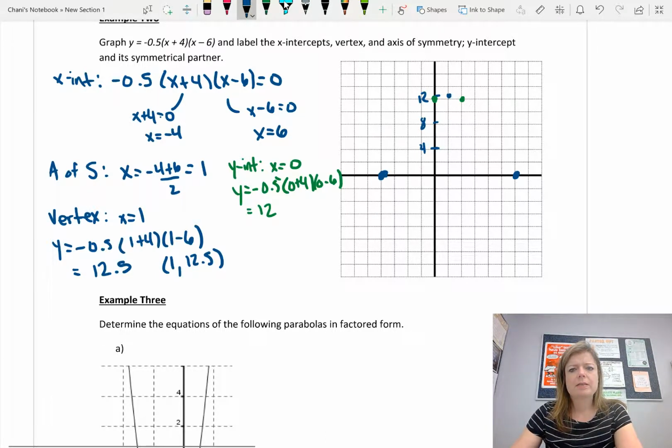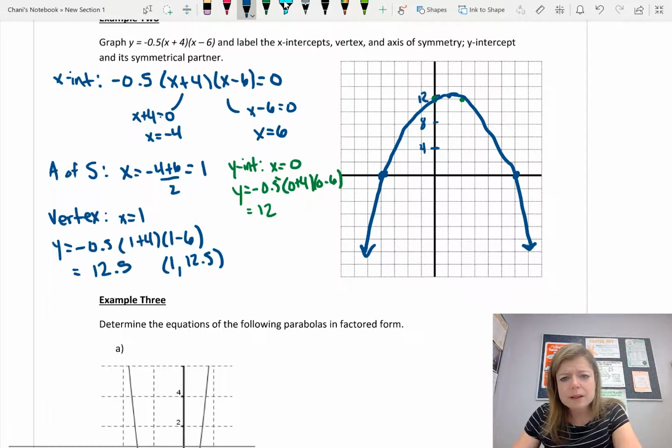Okay, so I can draw my parabola like this. Sorry, I just realized I made a mistake there.